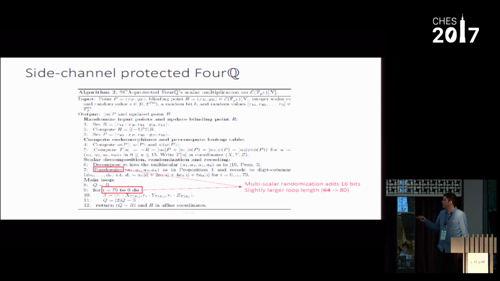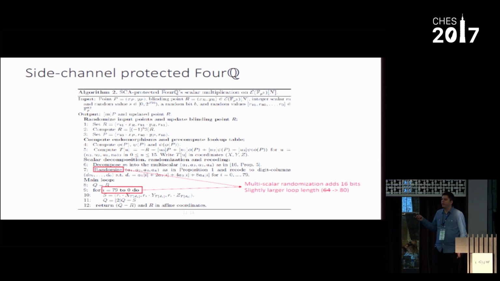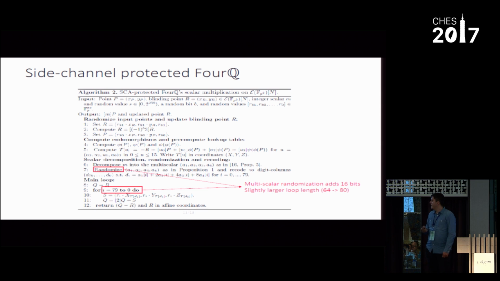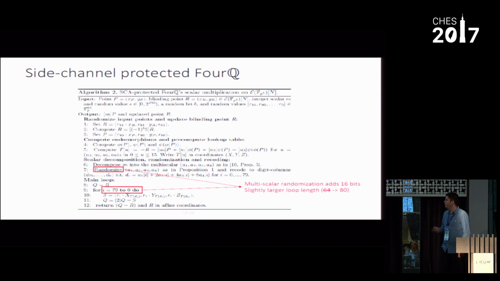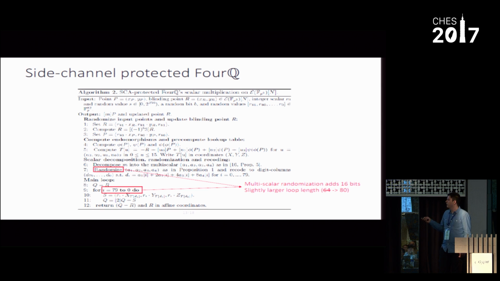We proved that we can always have this expanded representation of 80 bits for each mini-scalar. It's Proposition 1 of the paper. The proof for this proposition is in the extended version of the paper, which is available already. It's not in the current version. And as I said, we have to increase these mini-scalars by 16 bits. So 64 plus 16, we have 80 iterations in the main loop, which has some penalty, but is not that much.